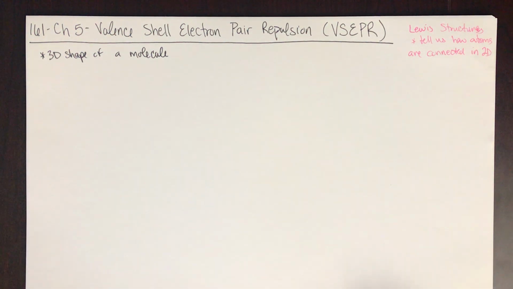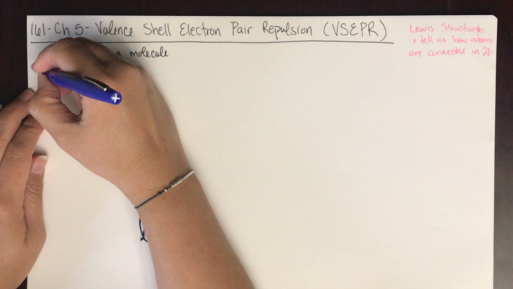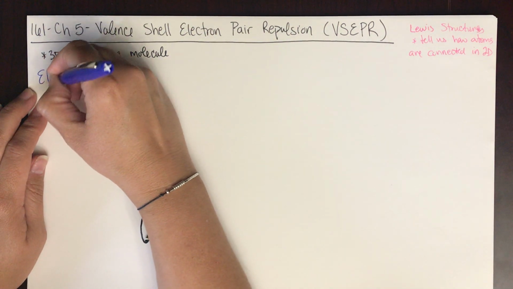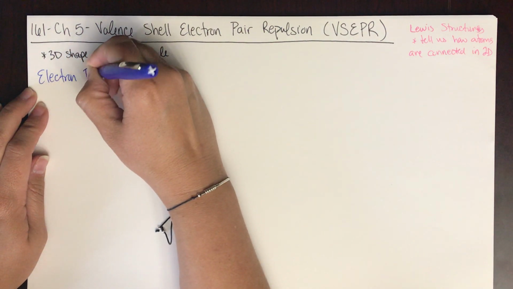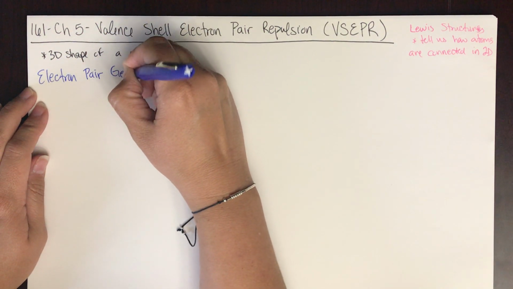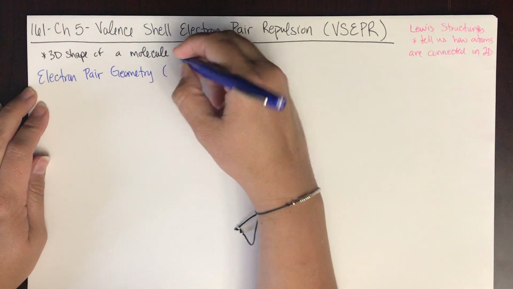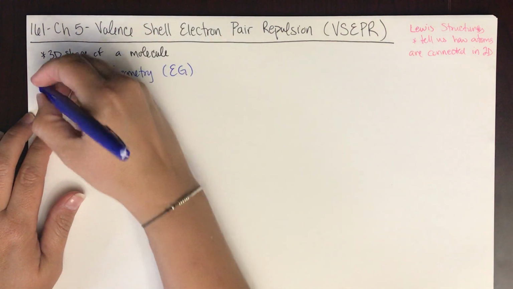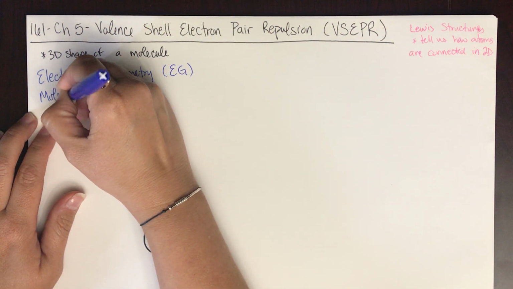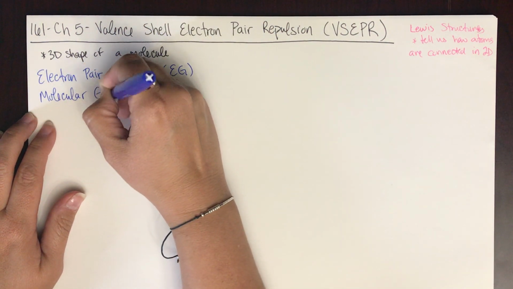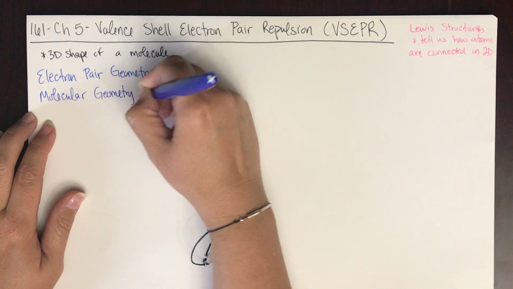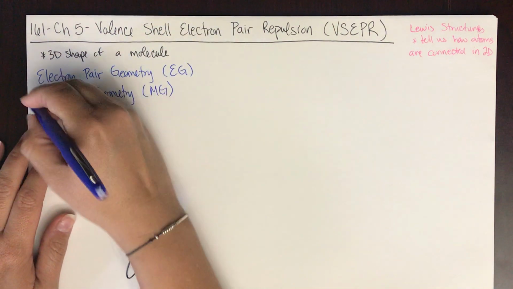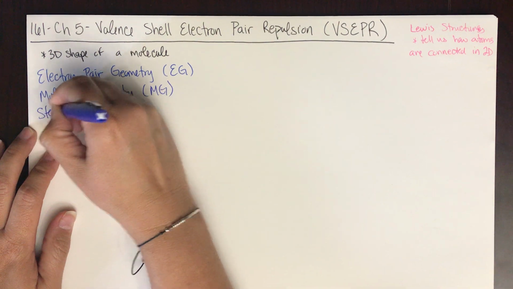So let's define some different terms that we're going to be talking about in this chapter. There's electron pair geometry, which we're going to abbreviate EG. And then there is molecular geometry, which is MG, and then there's what's called the steric number.